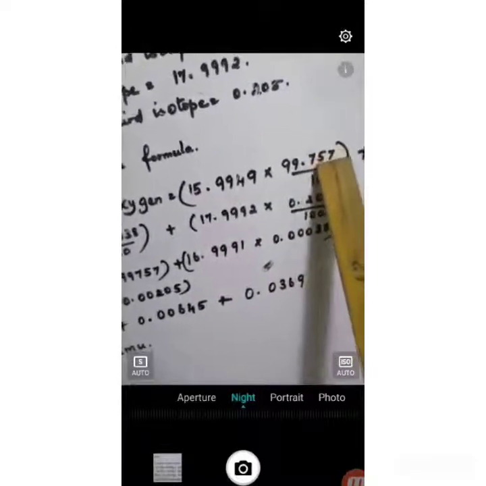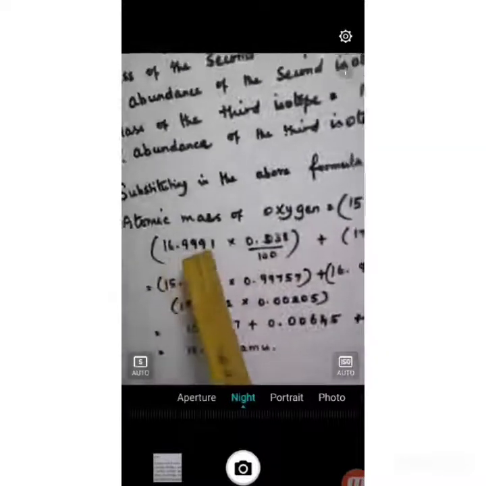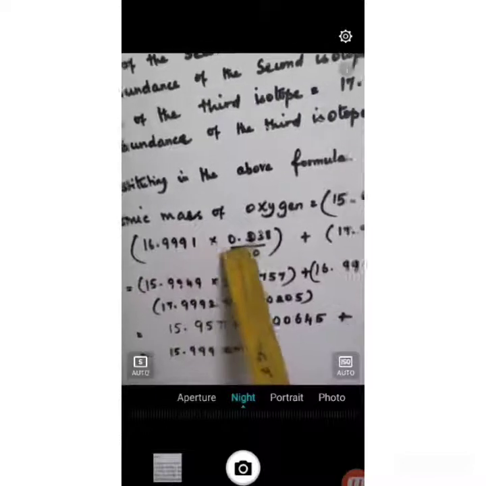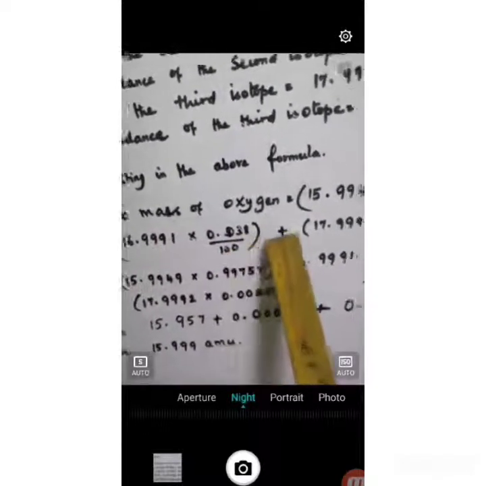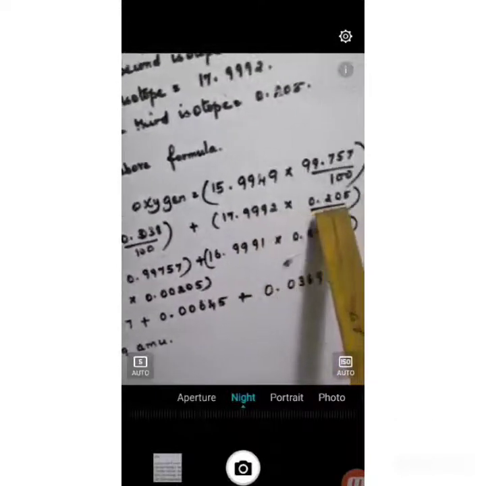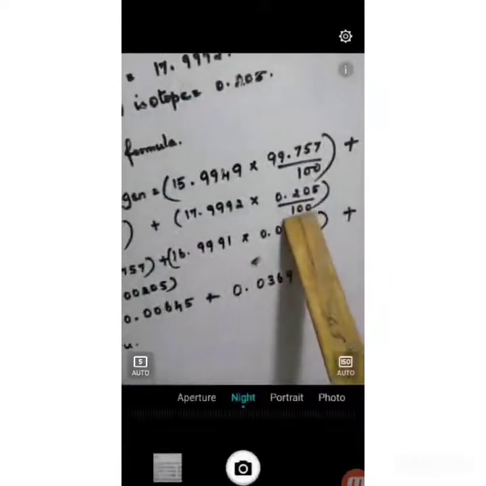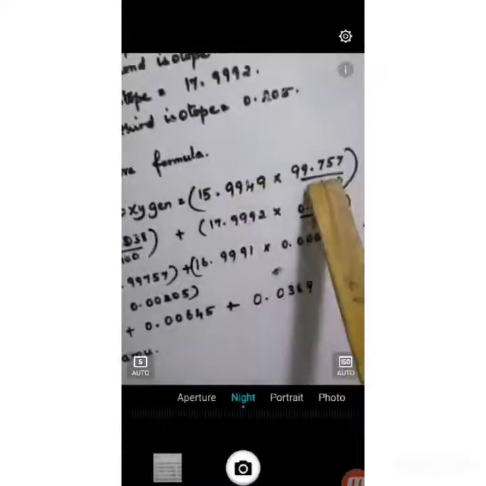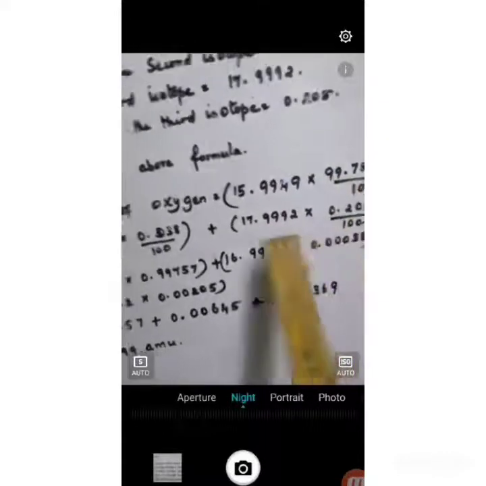Since it is percentage, I have divided by 100, plus 16.9991 into 0.038 divided by 100, plus 17.9992 into 0.205 divided by 100. Each data we are dividing by 100.